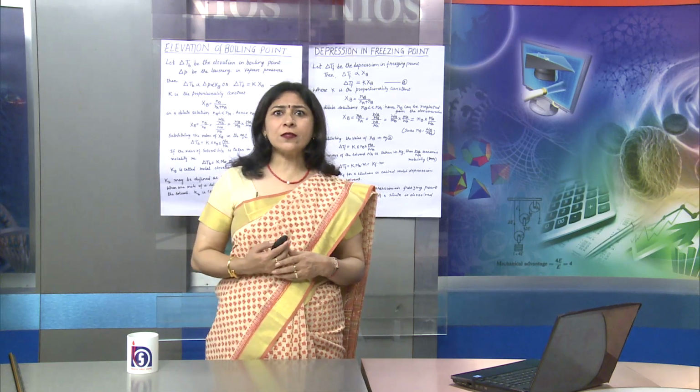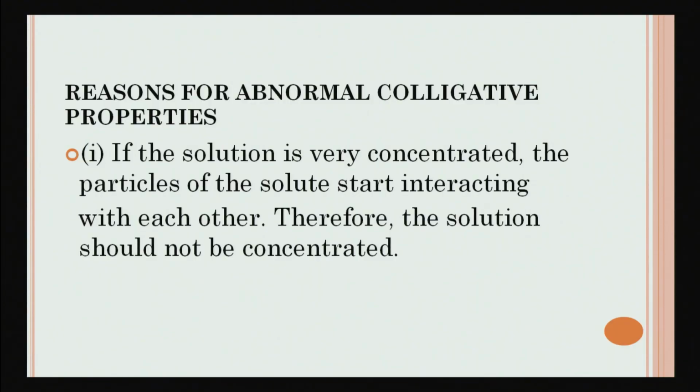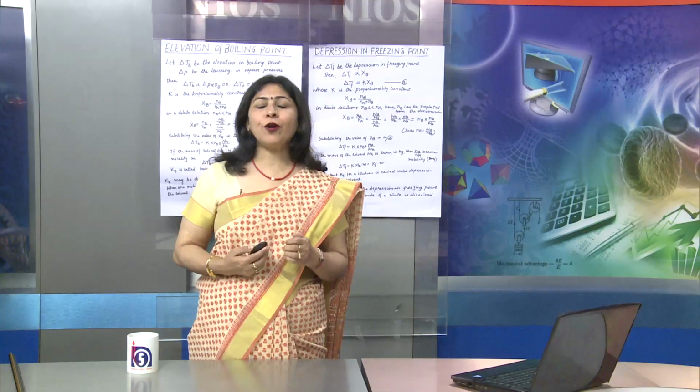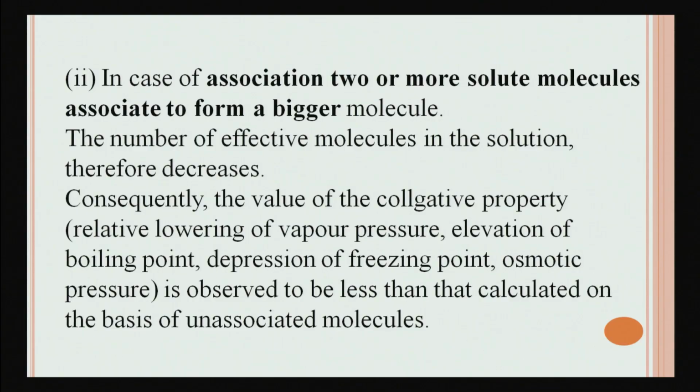First, if the solution is very concentrated, the particles of the solute start interacting with each other. Therefore, the solution should not be concentrated. Second, in case of association, two or more solute molecules associate to form a bigger molecule. So, the number of effective molecules in solution therefore decreases.